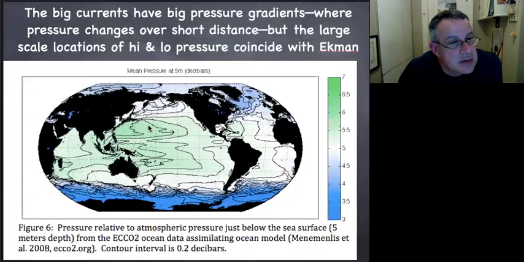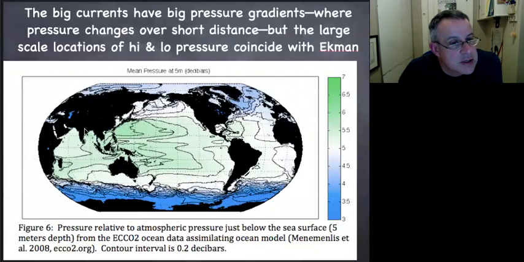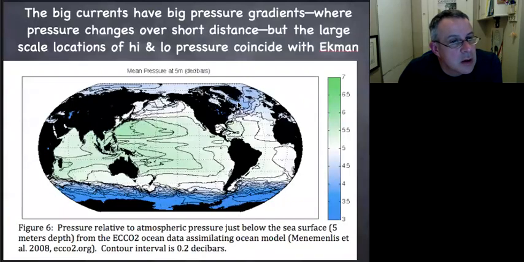And that's exactly what we see. In these subtropical regions, high pressure. Divergent regions, low pressure. High pressure in the regions where the Ekman transport converges, low pressure in the regions where the Ekman transport diverges.